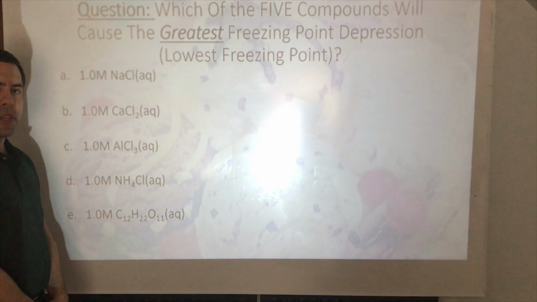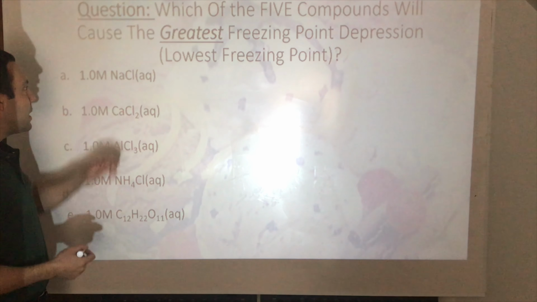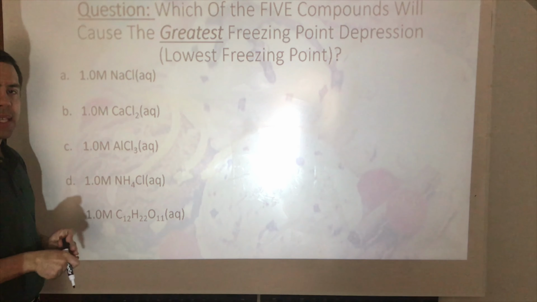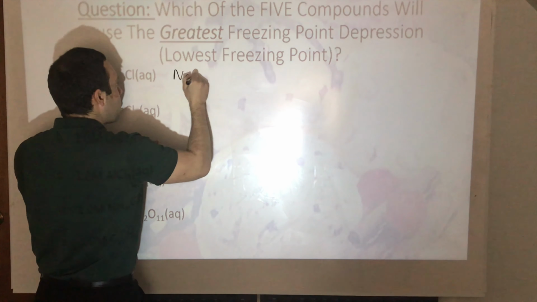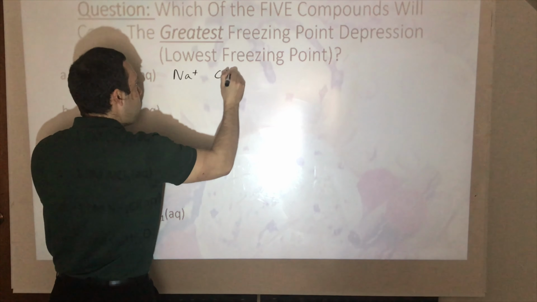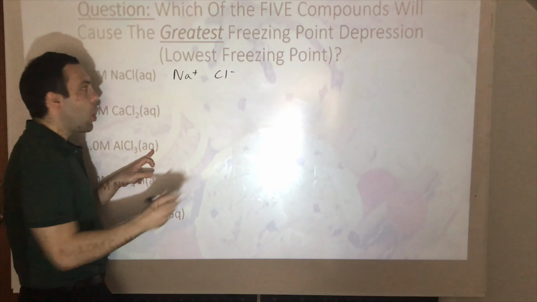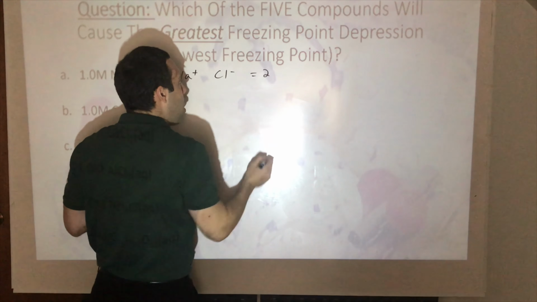Let's take a look at each one of these choices. NaCl, remember, when NaCl is dissolved in water, it dissociates into Na plus and Cl minus. That's a total of 2 particles.